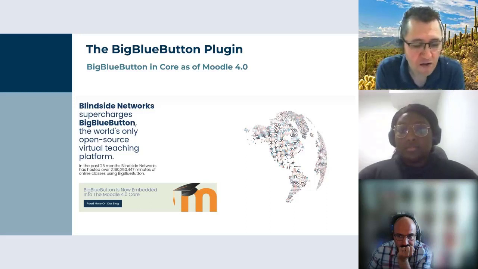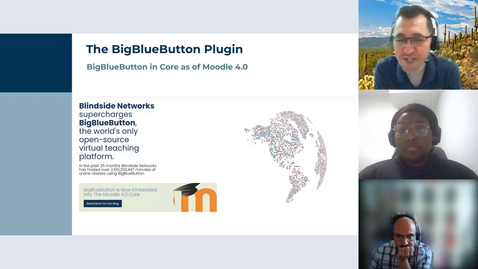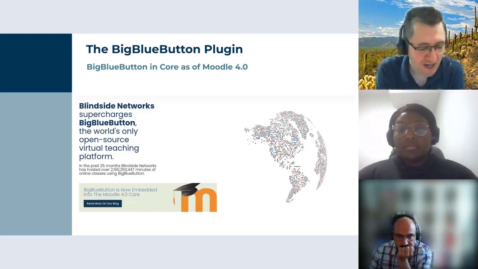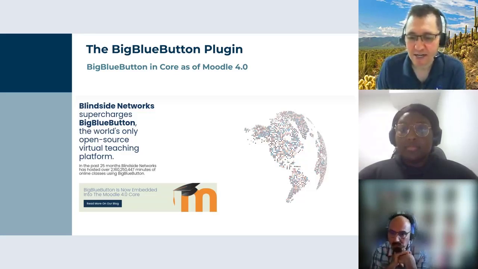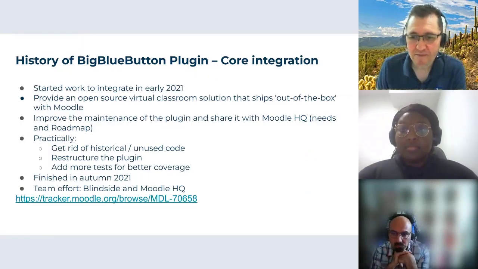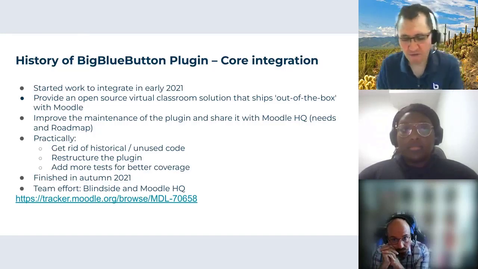So whenever you install a Moodle server from 4.0 and forward, hopefully you will have a BigBlueButton plugin installed. You have to enable it, but it's there. The integration was also done through a lot of work for the conversion.